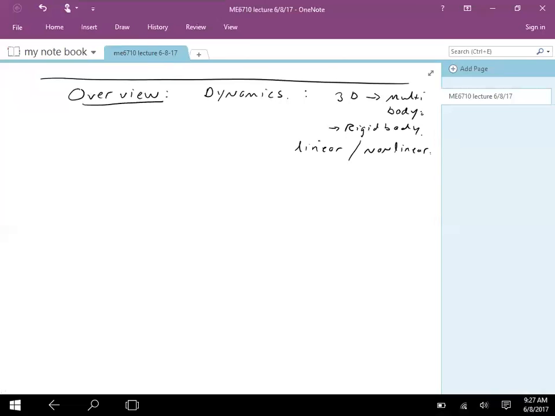Nonlinear systems, we just treat with software. We typically numerically integrate, and that's the workhorse for you guys. Frankly, nonlinear systems, to me, it's a little bit academic a lot of times when you constrain yourself to linear systems, although we do it. If you've got to design control systems, you often linearize. So that's just an overview there.